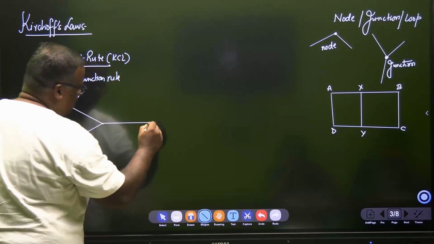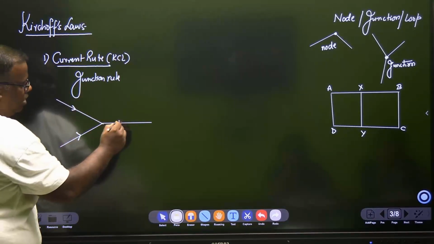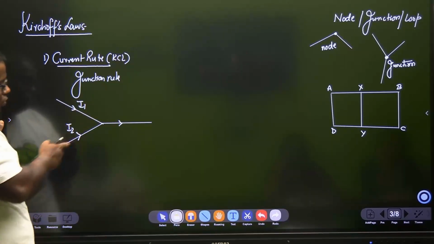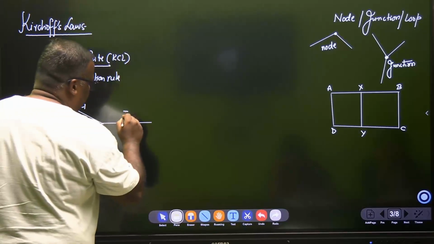This is one junction. Let's say I have a current I1 and a current I2, both of which are flowing towards this junction, and this current is say I3.